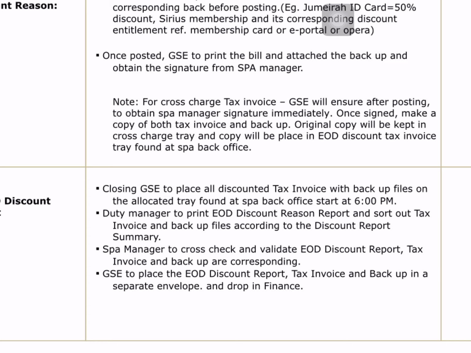Then the spa manager is to cross check and validate that the end of the day discount tax invoice and backup correspond. As I mentioned, it's easy for the spa manager to reconcile the physical backup with the end of the day report. If you are late giving this, then of course expect that you're going home later than 10 o'clock.